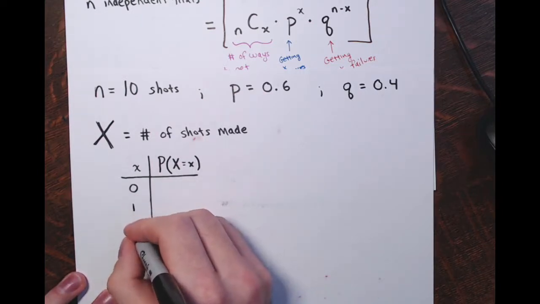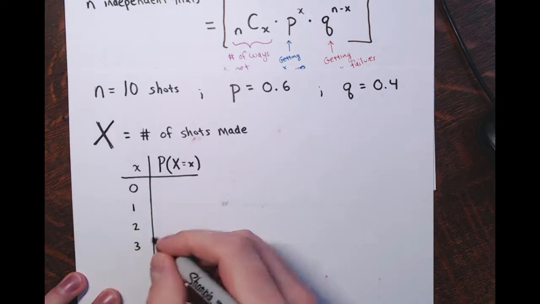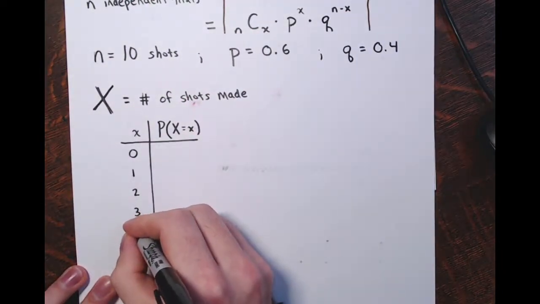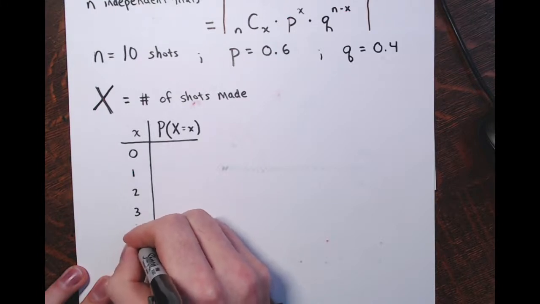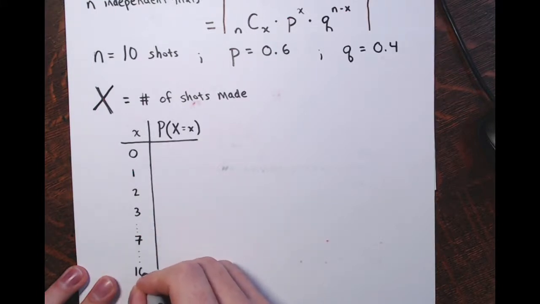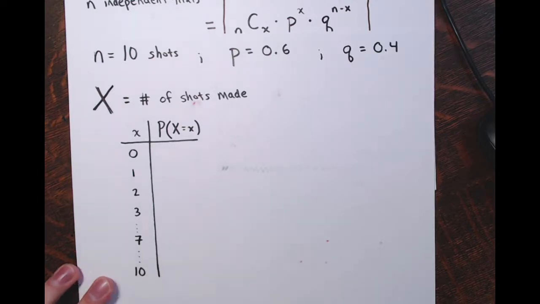She could make just 2 of them, or just 3 of them. And I'll go up to say here, she can make 7 of them, which is what we're asked about, and then all the way up to 10. And that's it, those are the only possible outcomes. She can make none of the shots, or all the way up to all 10 of the shots.